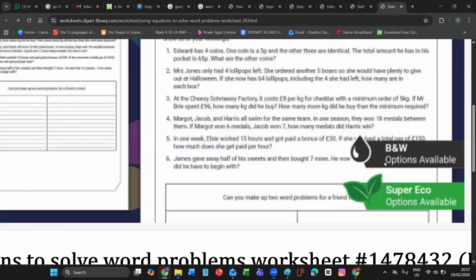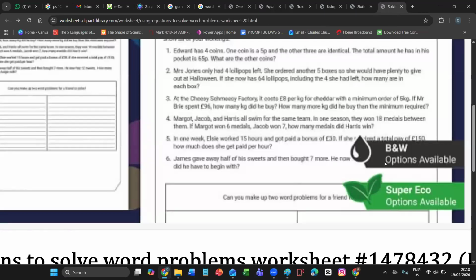So, including the 4 she had left, the question is, how many are in each box? Let's analyze that second to the last phrase. If she now has 64 lollipops, including the 4 she had left, that means the 5 boxes must have given rise to what? 60 lollipops.